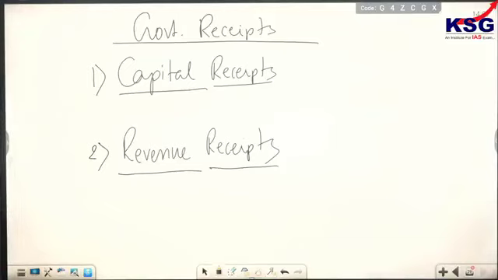First you write revenue receipts. Second, you write capital receipts. Clear? Write first revenue receipts.